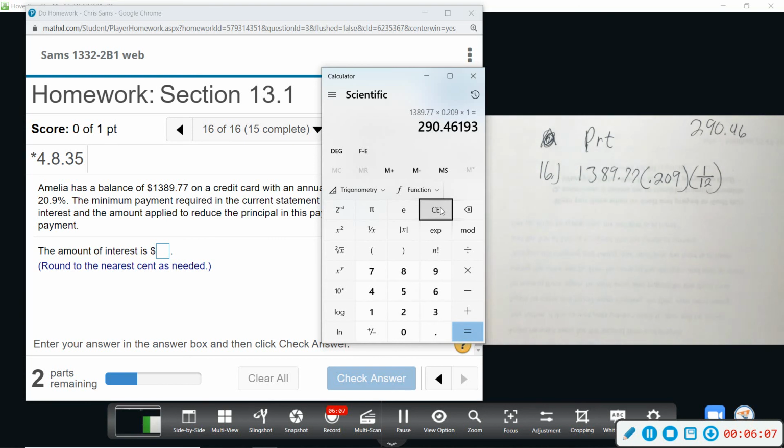All right, so divide this number by 12. The interest for 1 month is $24.21. So just in 1 month, we're going to be paying $24.21 of interest.